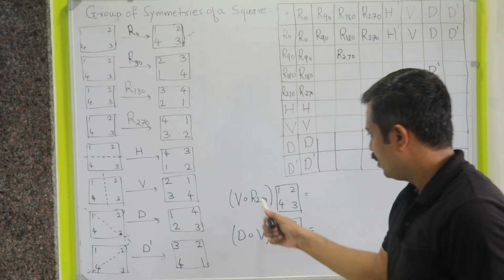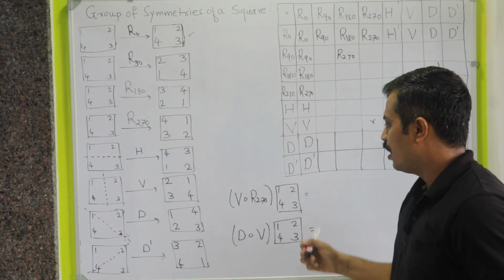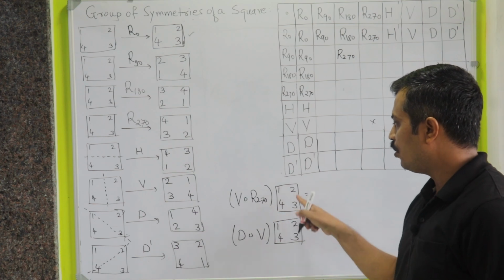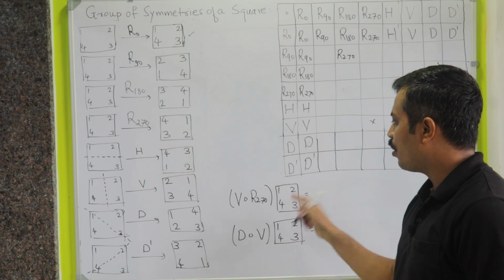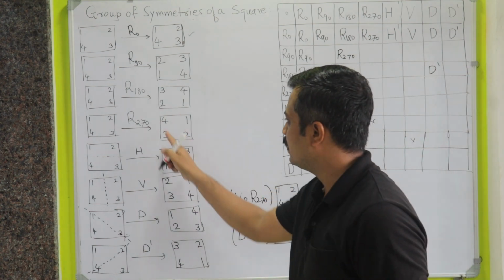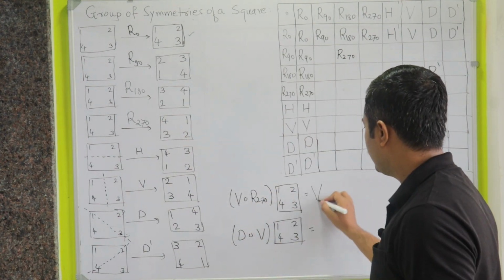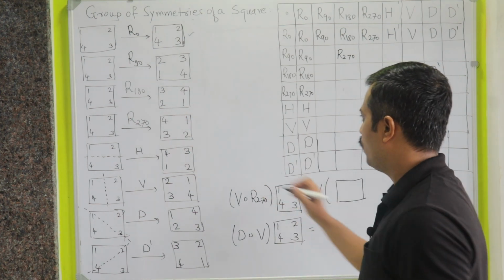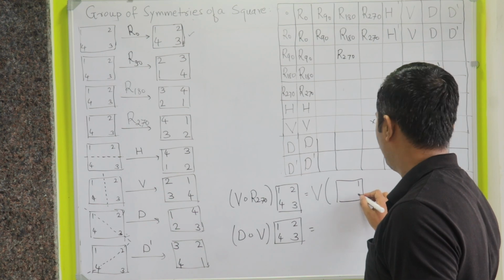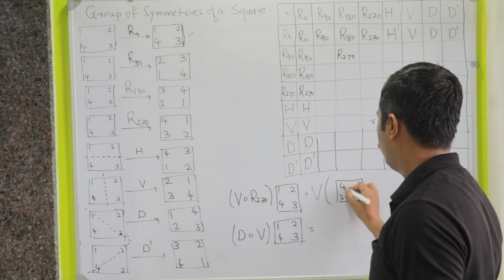Now for doing these calculations, we have to operate R270 on this square. But if you operate R270 on this square, what do we get? Yeah, this square. So I will write it as it is. So it will be V of this square, that is 1, 2, 3 and 4.